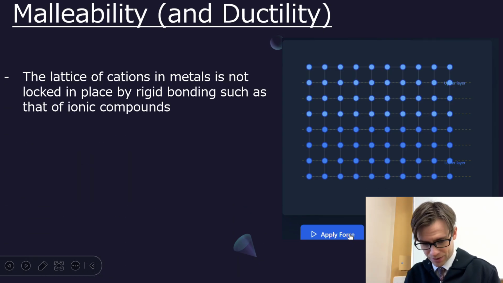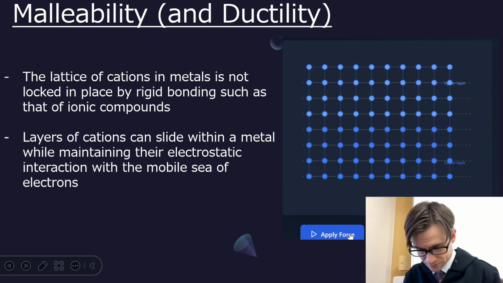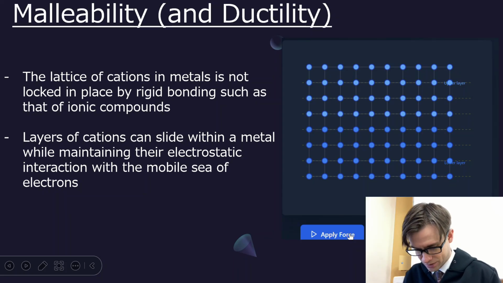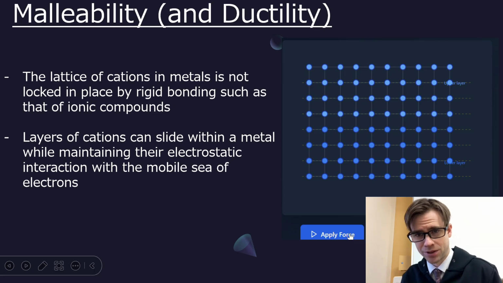So what can we say about this? The lattice of cations in metals is not locked in place by rigid bonding, such as that of ionic or covalent networks. Layers of cations can slide within a metal while maintaining their electrostatic interaction with the mobile sea of electrons. Okay, they can still have the same electrostatic forces with the electrons around them.